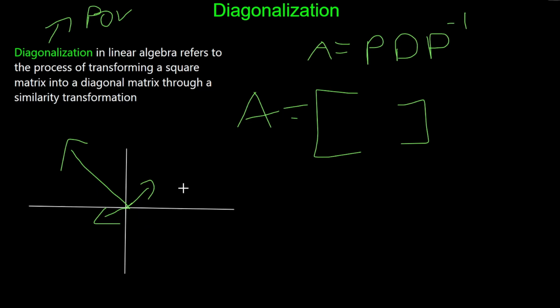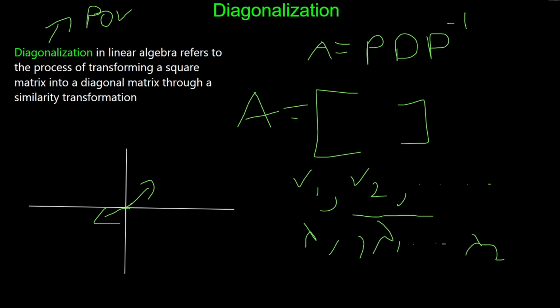So let's see how this actually works. Let's take matrix A. This one has eigenvectors. Eigenvectors are the vectors which don't change their span after transformation. Let's say these are the vectors, and we have eigenvalues lambda 1, lambda 2, up to lambda n.